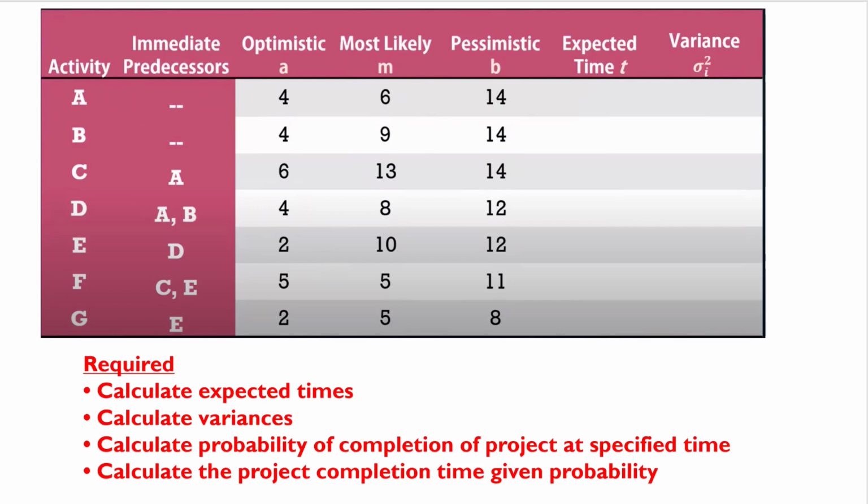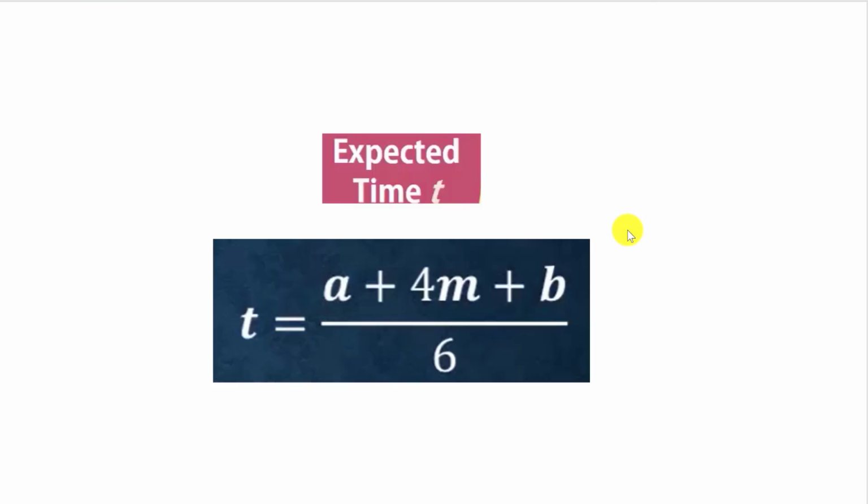First, we need to calculate the expected time for each activity. To calculate expected time for each activity, T should equal a plus 4 multiplied by m plus b, divided by 6.